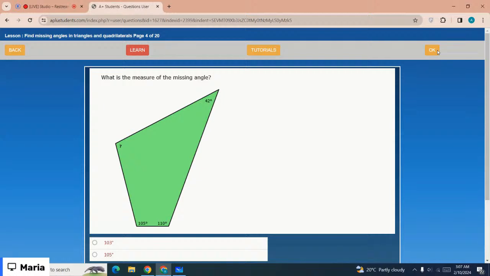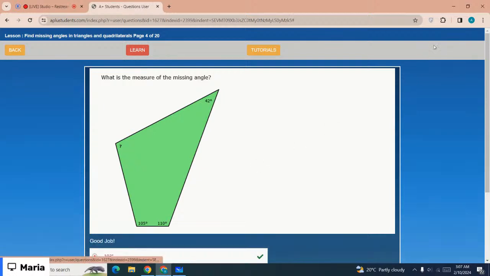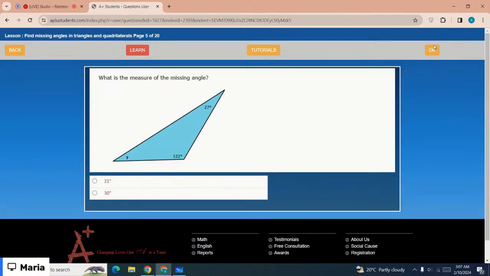So which is the correct option? Yes, that is 103 degrees. Option number 1 is the correct option. What is the measure of the missing angle? Which is the correct option?